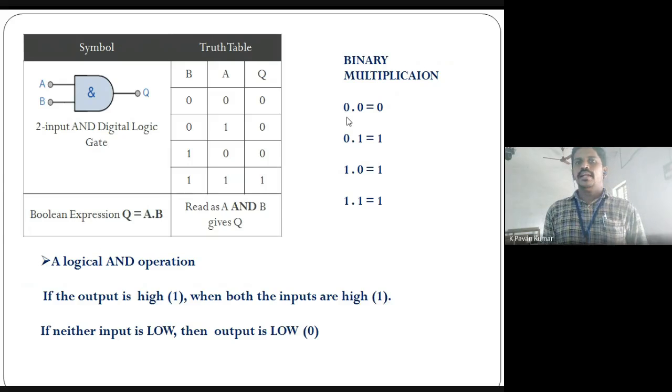In the logic AND operation, the output is high when both inputs are high. If either input is low, then the output is low, as shown in the above truth table.